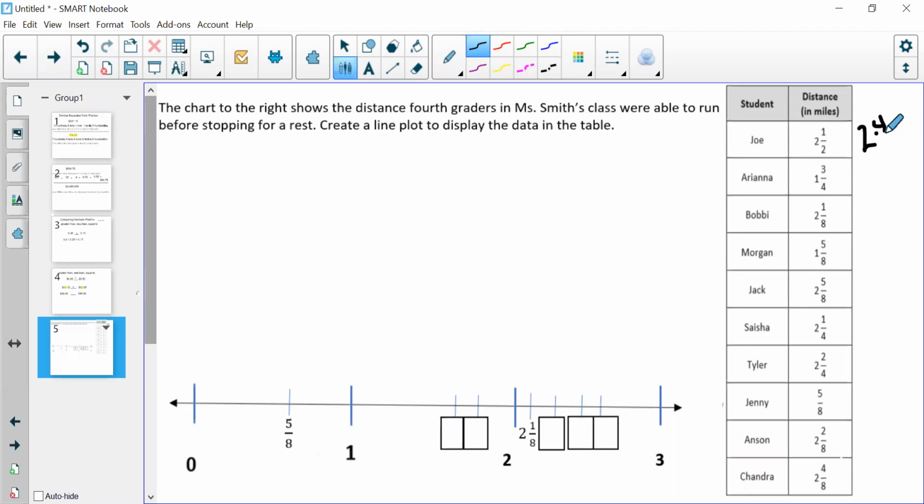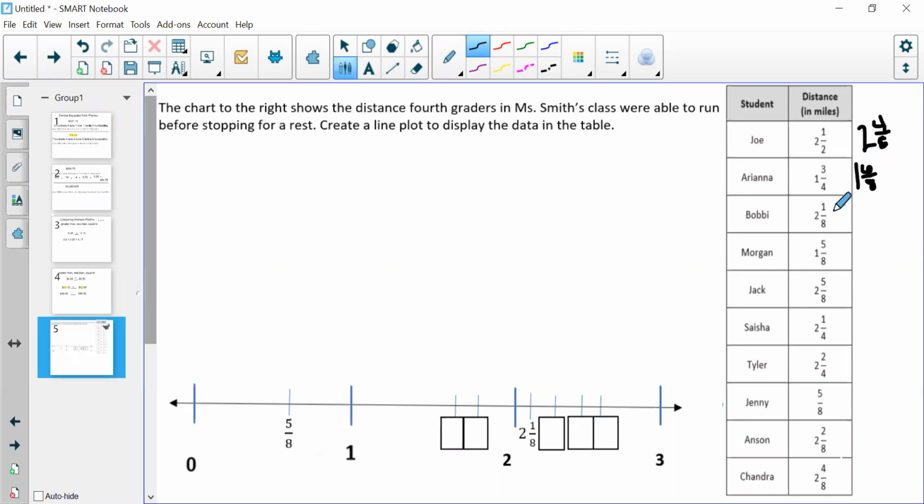So you're going to write 2 4/8 next to it. So Ariana ran 1 3/4. 1 3/4 is the same as 1 6/8. So we're using equivalent fractions here to change them.